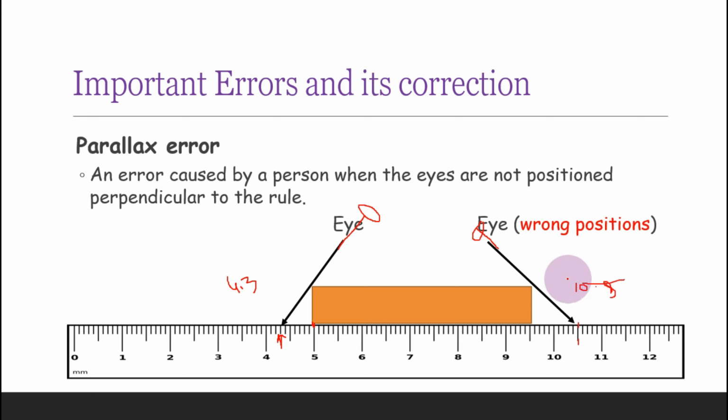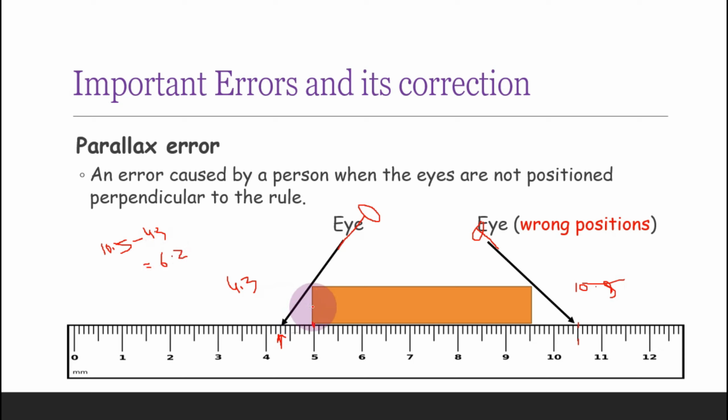So we subtract 4.3 from 10.5. That gives you 5 minus 3 gives you 2, and 10 minus 4 gives you 6.